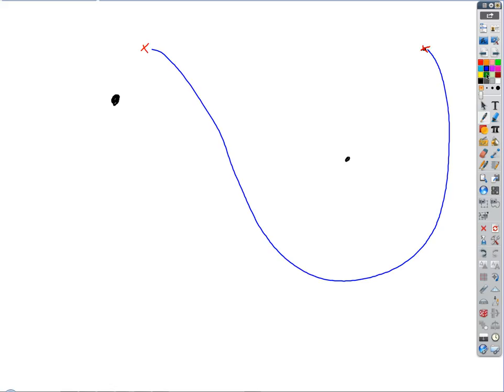Would it matter if we took this path that went up like this and got sucked on through, or if we took this path that went from here out like that to there? Either way, what do you think is going to be true about the speed when you get to this point right here? It's going to be the same.